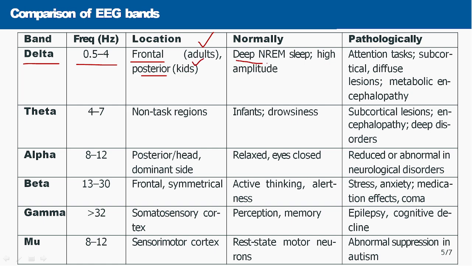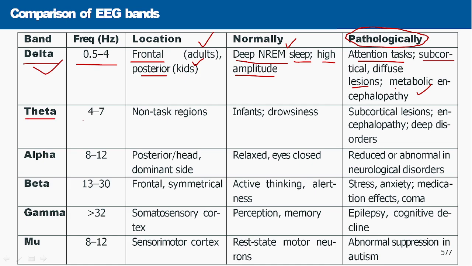They are normally seen in deep non-rapid eye movement, NREM sleep, with high amplitude. Pathologically they indicate attention task, subcortical diffuse lesions and metabolic encephalopathy. These are the pathological significance, or we can get some indication from these delta waves.